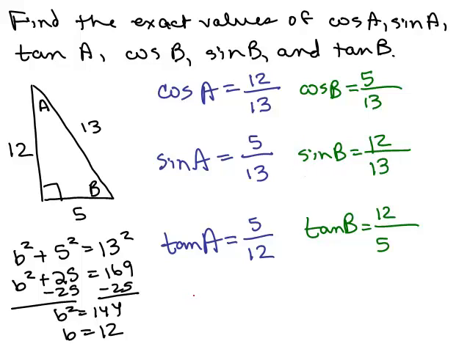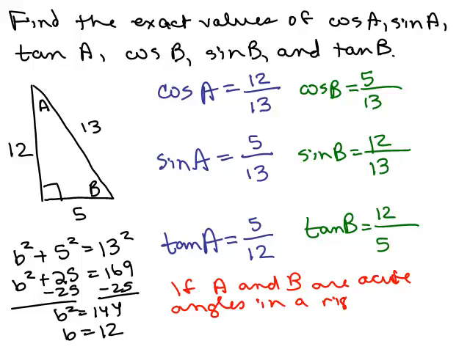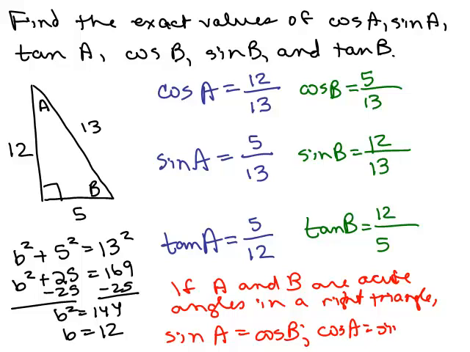What we're saying here, if A and B are in the same right triangle, so they're acute angles in a right triangle, then the sine of A is the same as the cosine of B. And the cosine of A is the same as the sine of B. So it's kind of interesting.